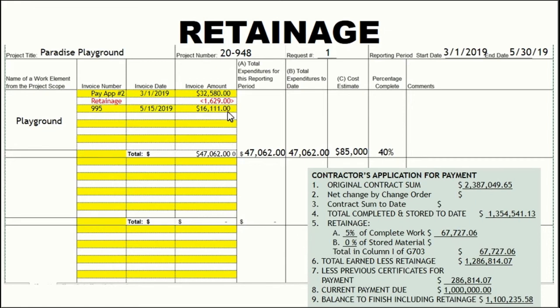And here in the example, there's another separate invoice included, and then all are totaled and carried over to column A. Now this does not apply most of the time on final pay applications, because in most cases the final pay application will include all of the retainage that had been withheld throughout the entire project.